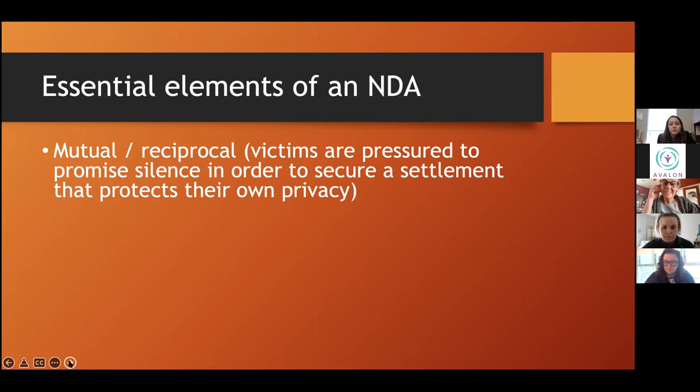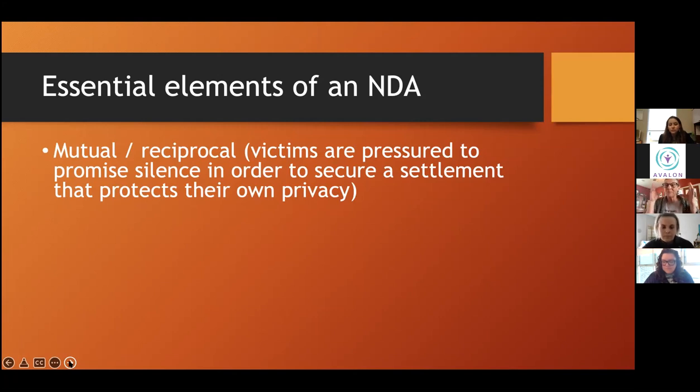And I think that sometimes the impression is given by lawyers that this is the only way that confidentiality can ever be attained by a victim. And that is absolutely not true. It is possible to have a one-sided obligation in any kind of agreement. If you and I are having a dispute and we agree to settle it by each of us getting a gift for the other, they don't have to be the same gift.